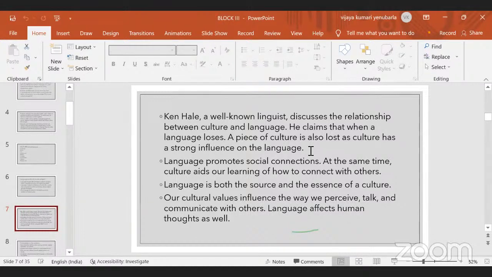That means no sounds, only signs and symbols, but still we are able to read. So obviously, language is both the source and the essence of a culture. These two are interdependent and we cannot separate them. That is the relationship between these two.